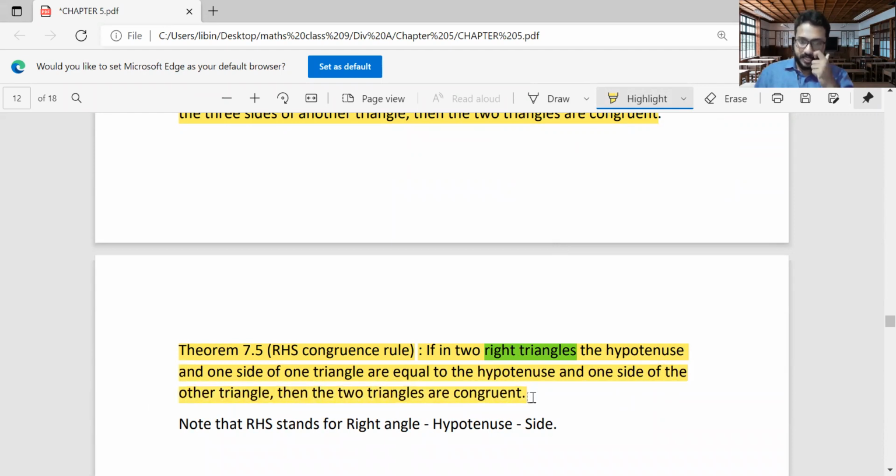I will show you, I will draw a figure. Suppose we have two right triangles. Here I change the color. One is in blue color and the other one is in red color.